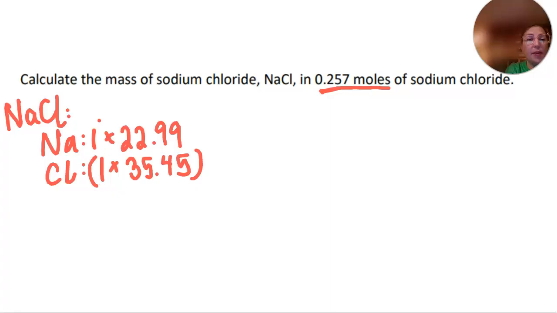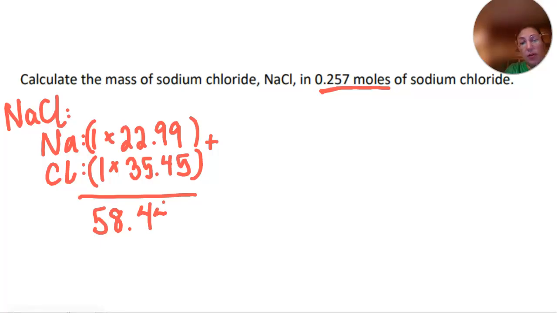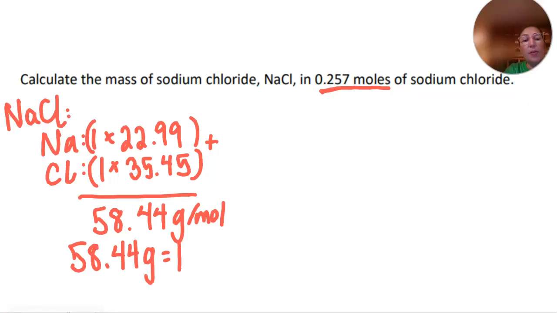It's really helpful to have parentheses when you are adding these together, especially when you have more than 1 of each element. When you add those up, you should get 58.44 grams per mole of NaCl, meaning there are 58.44 grams in every 1 mole of sodium chloride.